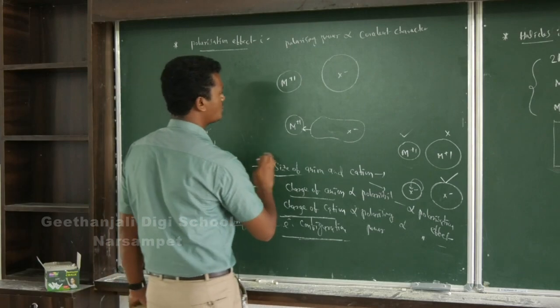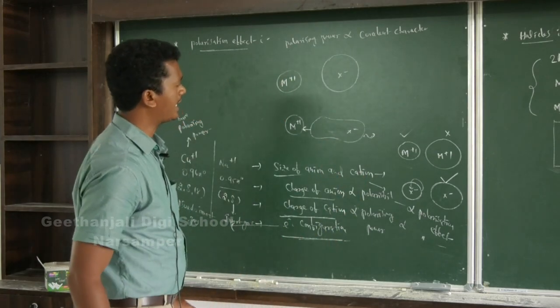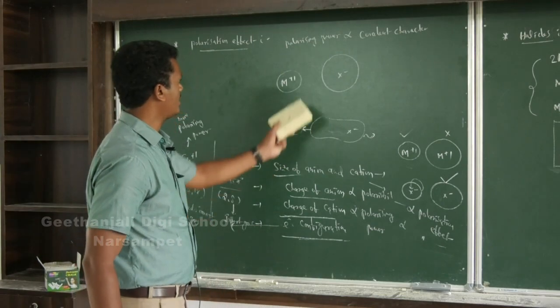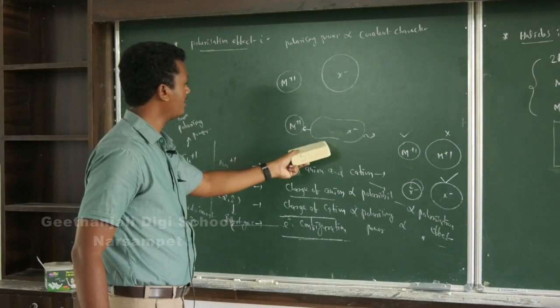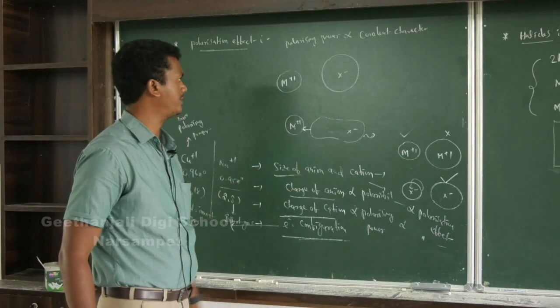Due to this distortion, the covalent character of the compound increases and the ionic character decreases. Here, the lesser the polarizing power, the more the ionic character; the more the polarizing power, the less the ionic character and the more the covalent character.